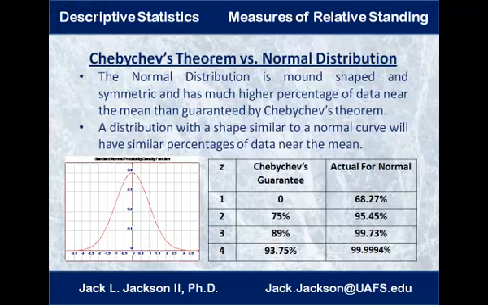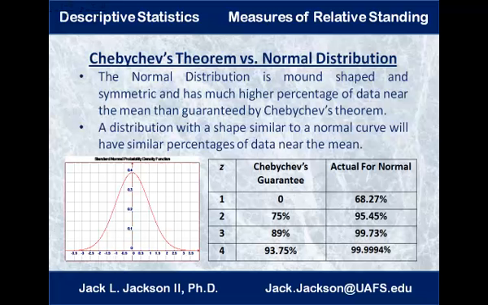If you go out 3 standard deviations, you can see that nearly all the data is between -3 and 3 standard deviations. Turns out that approximately 99.73% of the data is within 3 standard deviations of the mean, even though Chebychev's theorem only guarantees approximately 89%.